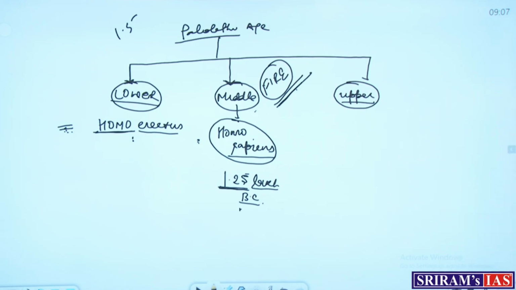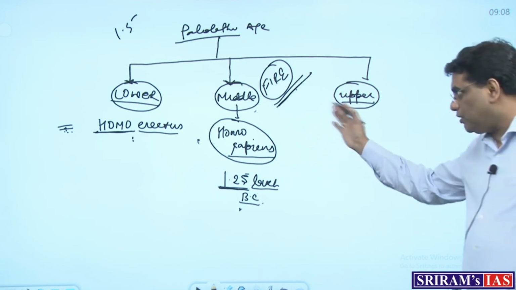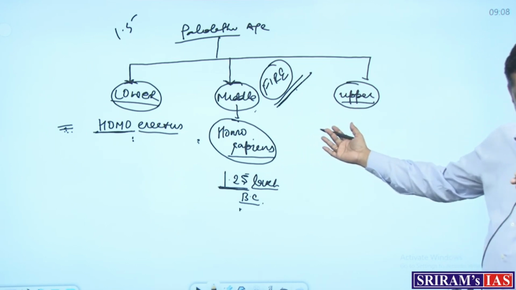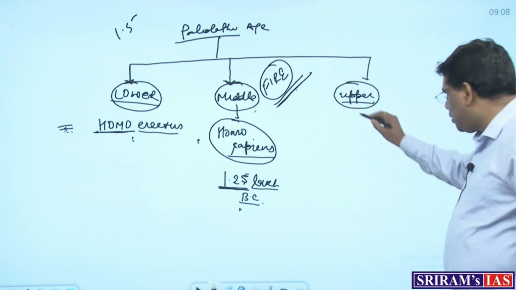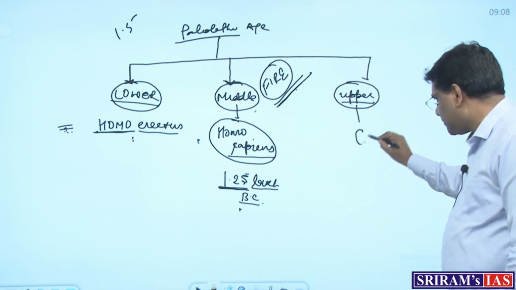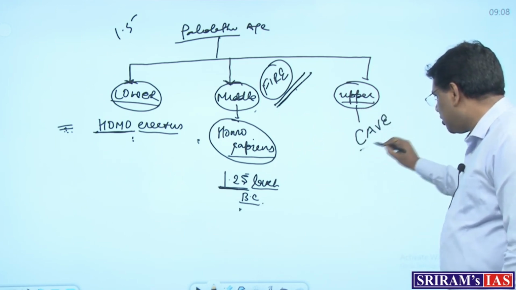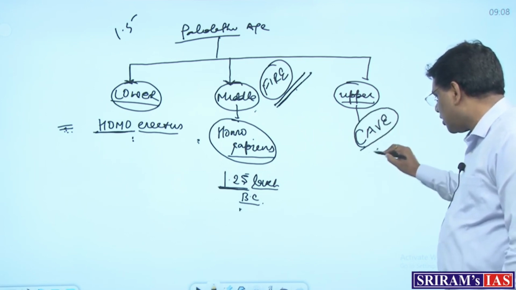Okay. I told you that we are not sure where human was living, in which place, what the habitational thing was. But in Upper Paleolithic, around 10,000 BC, human started living in caves. We have the full evidence that now the caves were the new shelter of human.